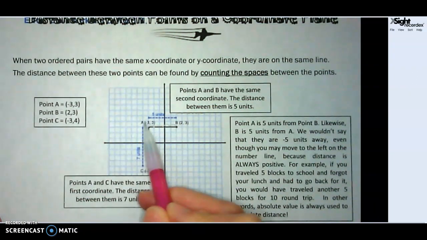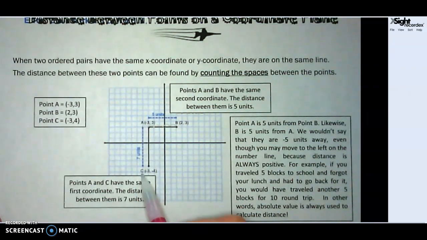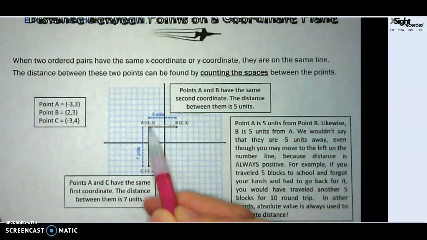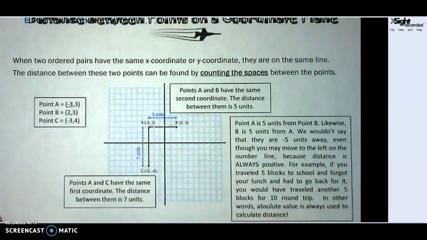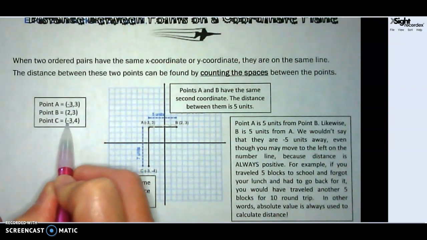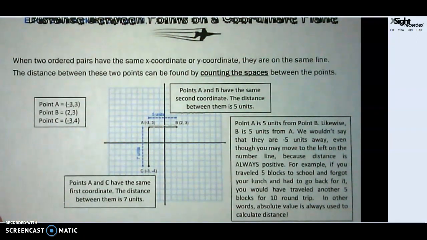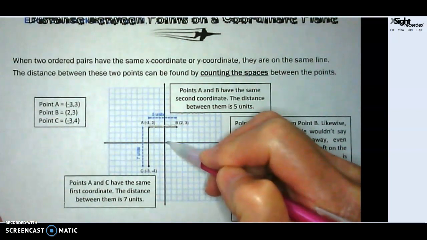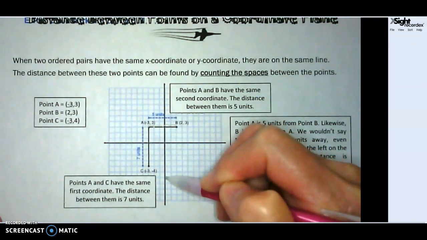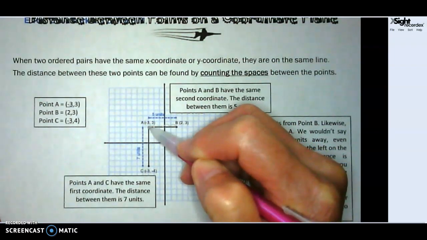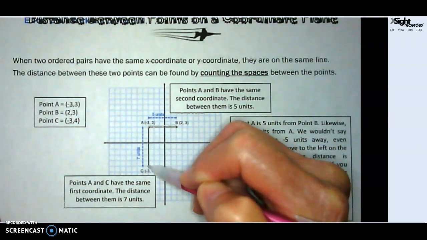And if we're trying to find the distance between A and C, they happen to be on the same line because A is at -3 and C is also at -3 on the x-axis. They're 3 away from the y value. So you can just count those as well.